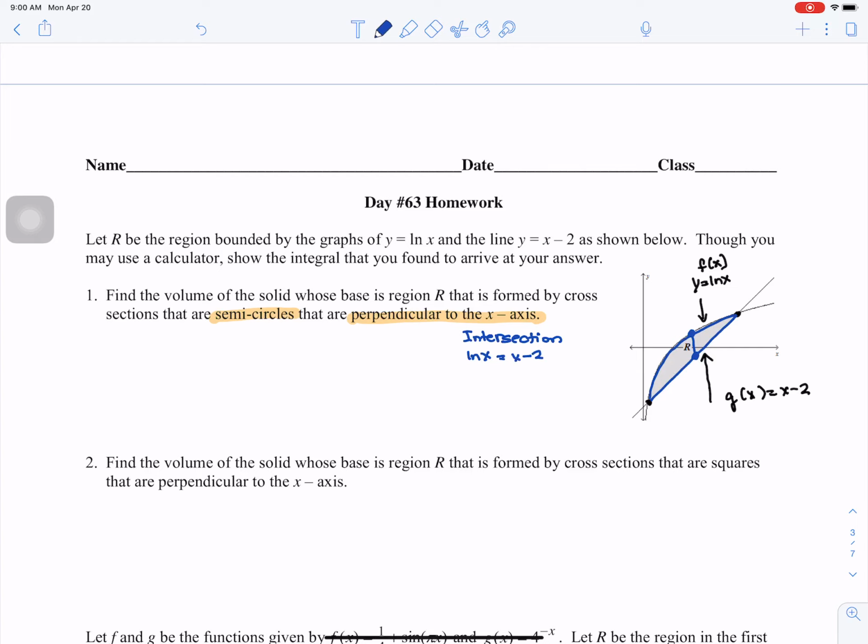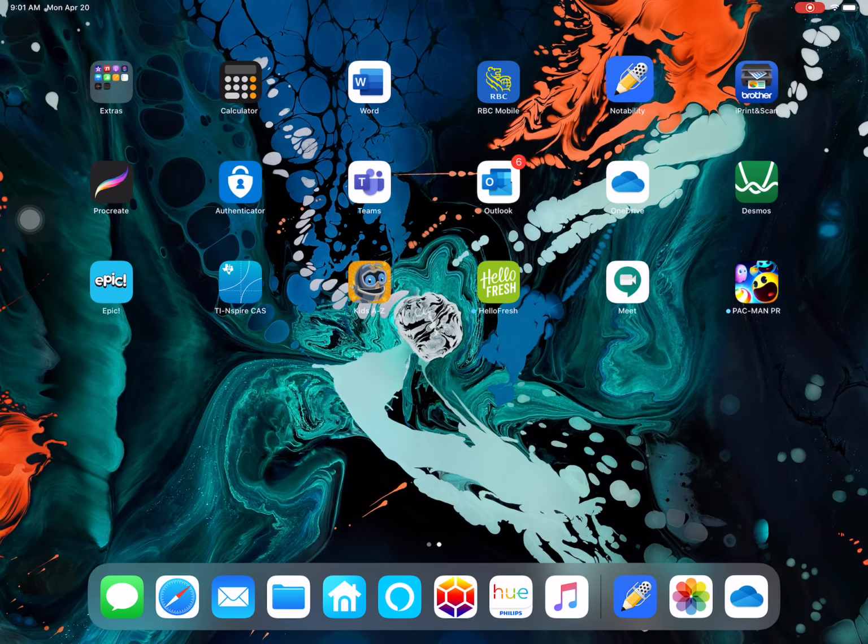When I do this, you should get x is equal to 0.15859434, and we'll call that point A on the x-axis. And then the B point will be an x coordinate of 3.1461932.